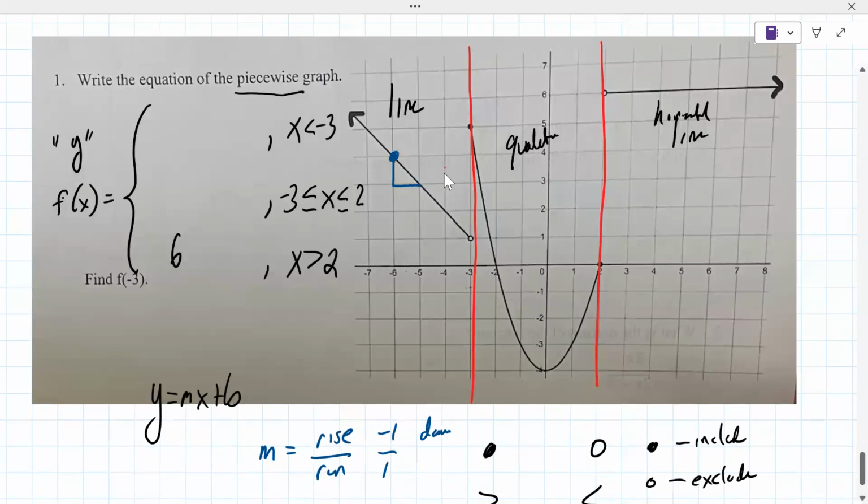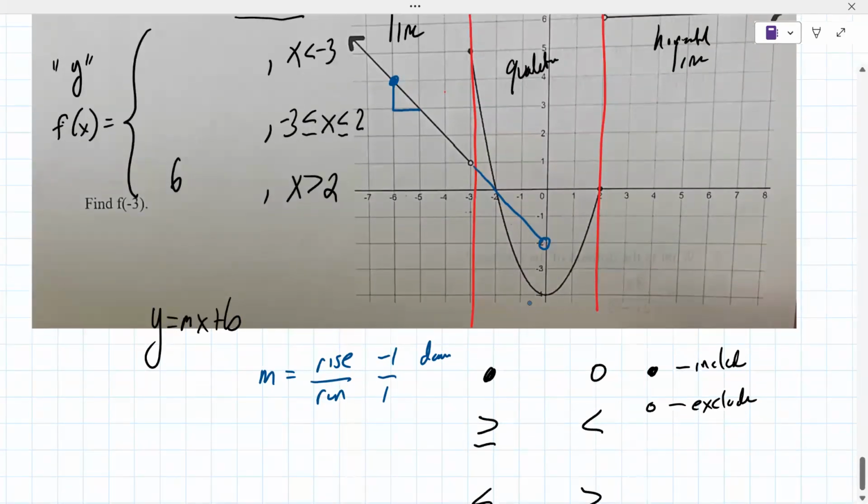To find the b value, because you have the graph, you can basically just extend the line and see where it hits. It hits right there at -2. That's a shortcut. There is another way to do it that's more mathematically correct. So your slope is -1 and your b is -2.